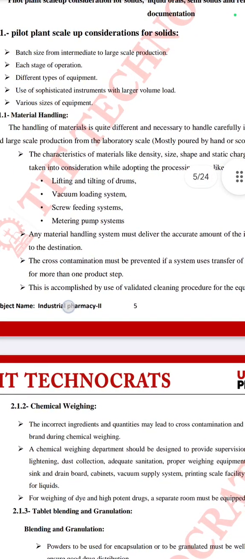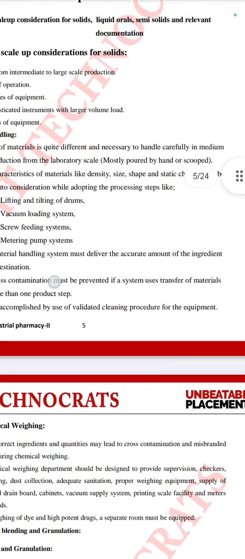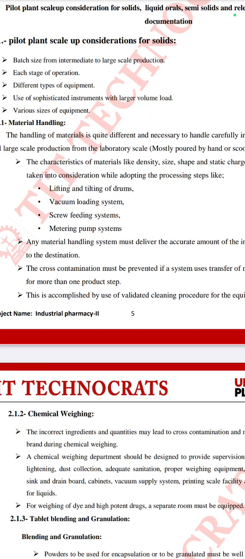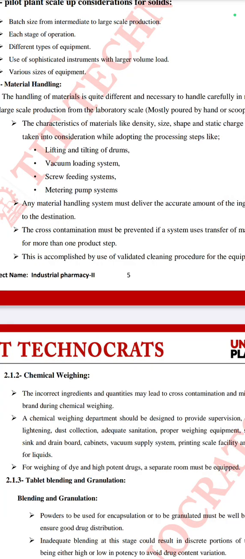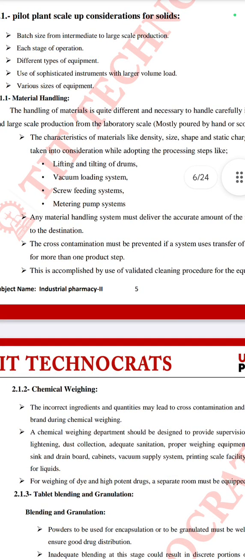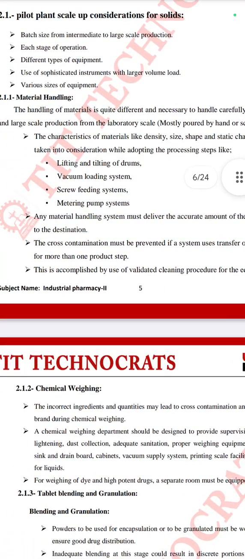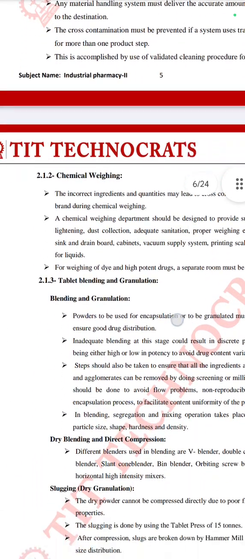The characteristics of the material, like density, size, shape and static charges, must be taken into consideration while adopting the processing steps, like lifting and tilting the drums, vacuum loading system, screw feeding system, metering pump system. So these are the characteristics of the material in solid dosage forms.